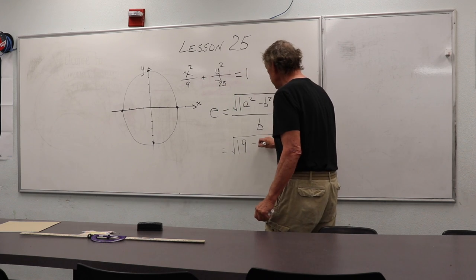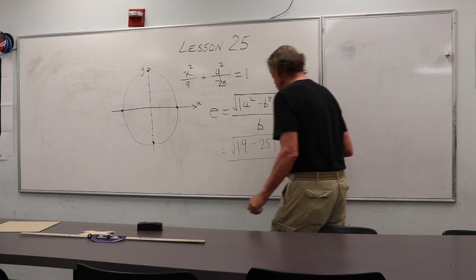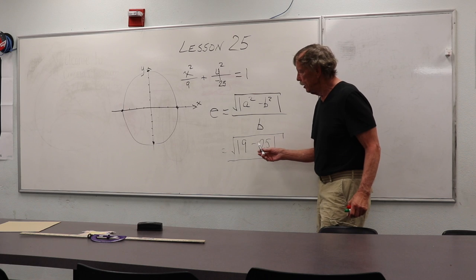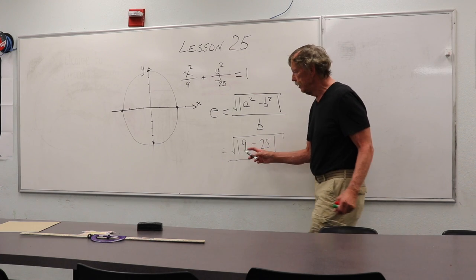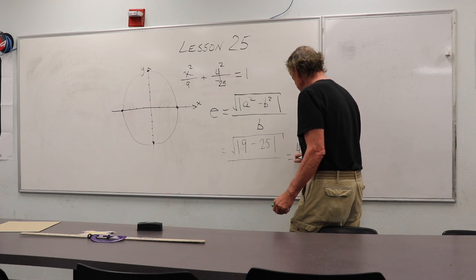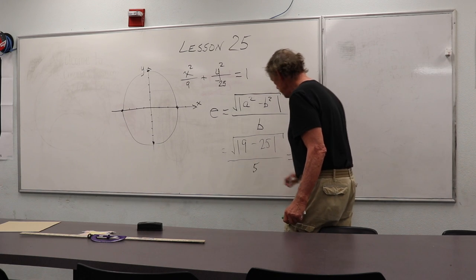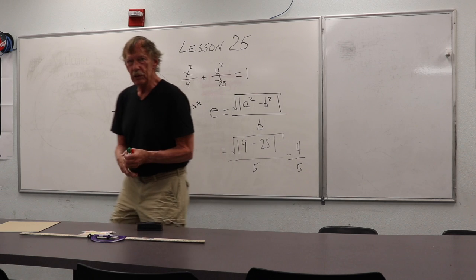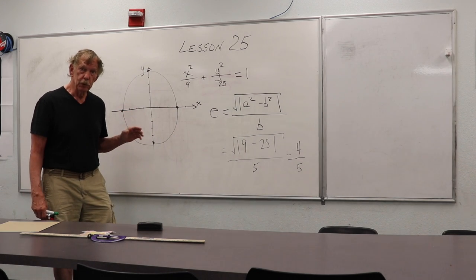B squared is 25. 9 minus 25 is minus 16. But the absolute value of minus 16 is 16. Square root of 16 is 4. B is 5. So in this ellipse, the ellipticity is 4/5 or 0.8.